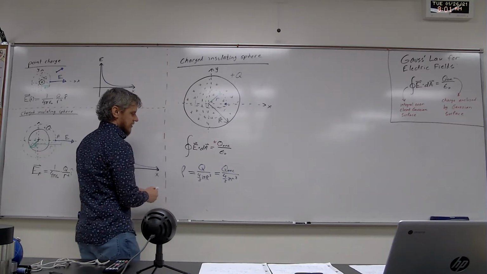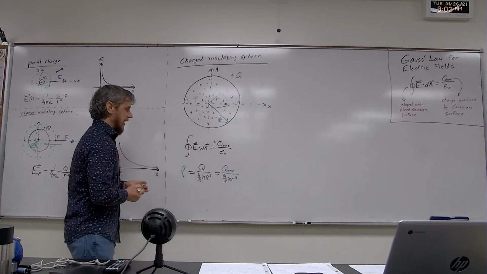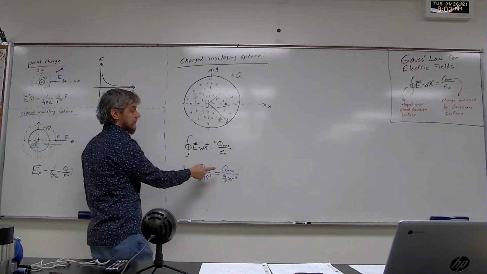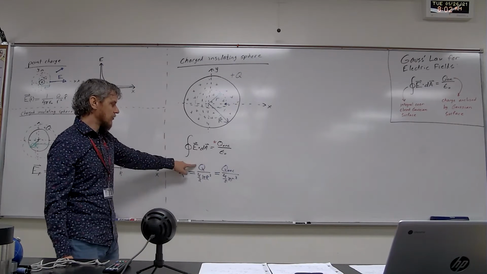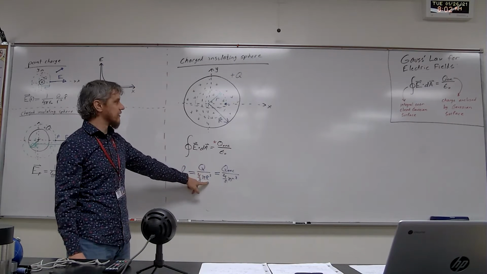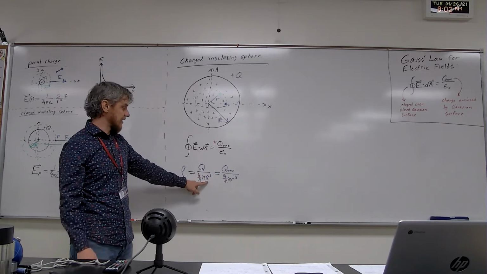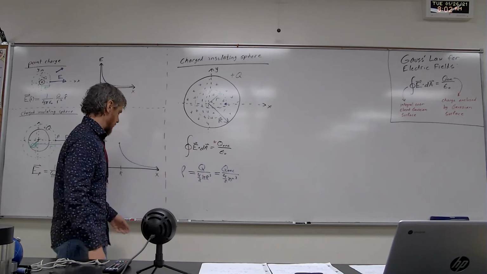Well, here, obviously, 4/3 cancels, pi cancels, and now I can determine an expression for the enclosed charge in terms of the total charge Q, the dimensions of the insulating sphere with its radius, capital R, and the distance from the center within the sphere that we're dealing with.